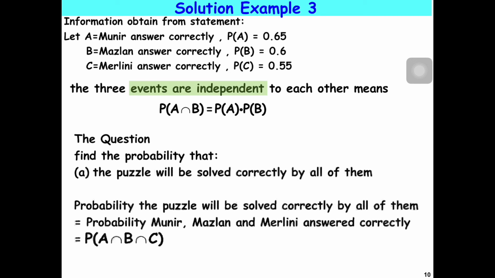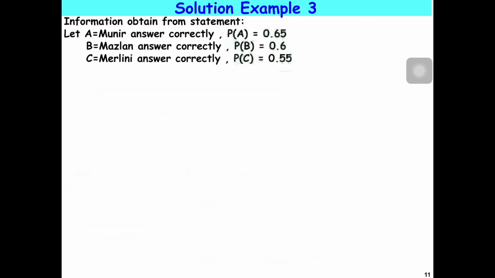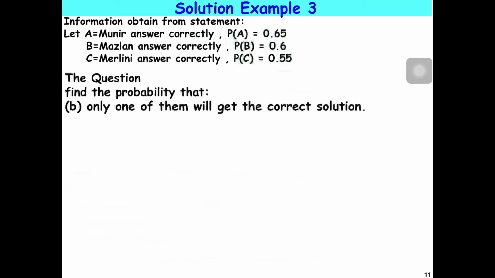That equals probability A intersect B intersect C. Because the events are independent, therefore it equals probability A multiplied with probability B multiplied with probability C, where probability A equals 0.65, probability B is 0.6, and probability C is 0.55. Multiply it, you will get 0.2145.